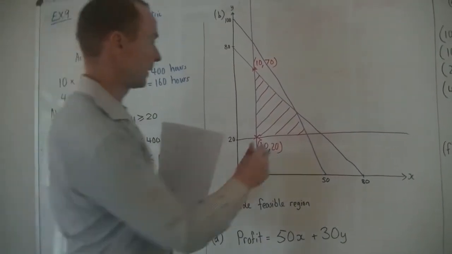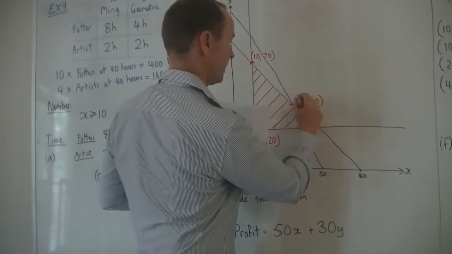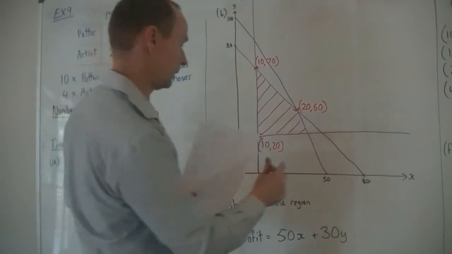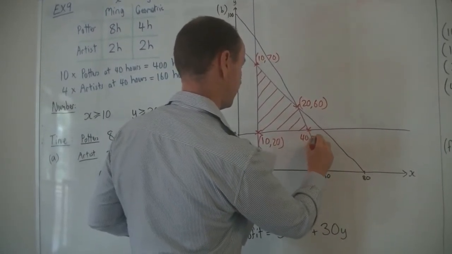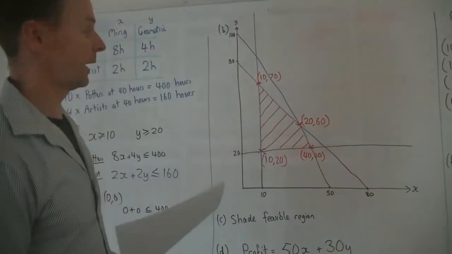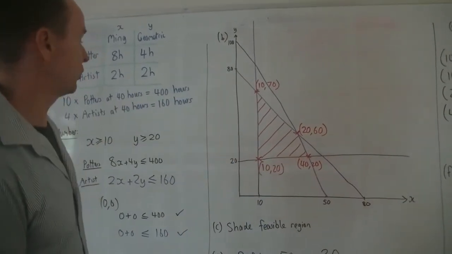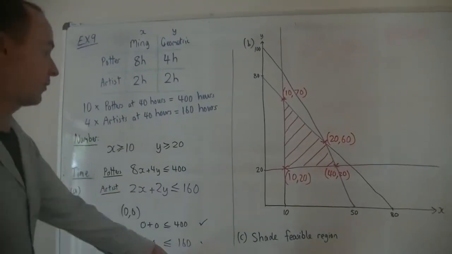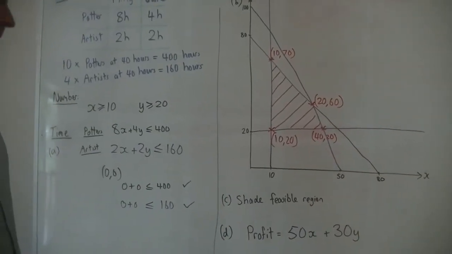We've done that before. This point of intersection there is (20, 60). And the one down here is (40, 20). So you can use CAS to work out those corner points if you like. So now that we've got our corner points, we've got our shaded feasible region. That's the next bit. Okay, so part C just said shade the feasible region, which we've just done.